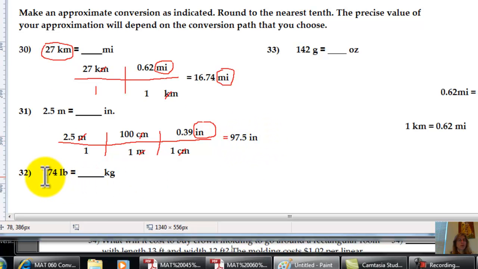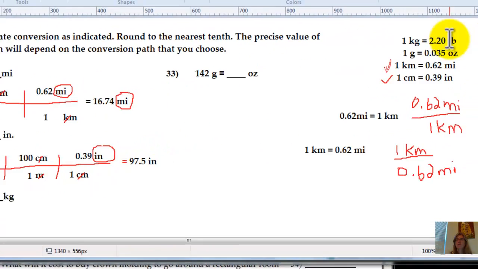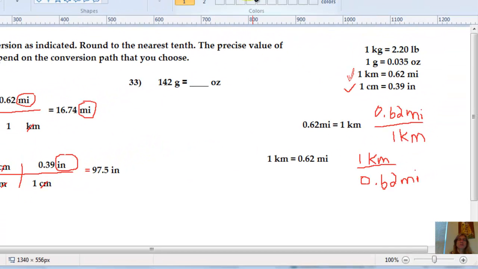So let's look down here, 174 pounds into kilogram. We can use this one, which is a 1 conversion, it's not 2 steps. So we're going to use 1 kilogram and 2.2 pounds. Remember that the fraction can be 1 kilogram. I'll just draw it again. I didn't draw it on the last one.